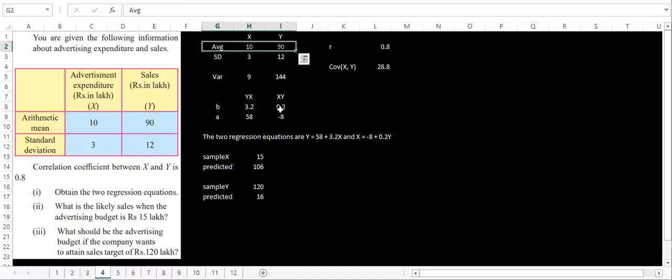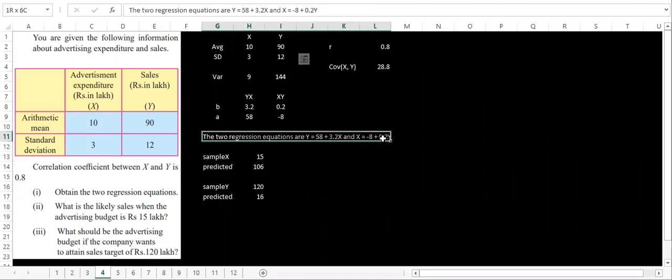You can check that the values come out to be these. So we can answer the first question. The two regression equations are: y on x, y equals 58 plus 3.2x, and x on y, x equals negative 8 plus 0.2y.